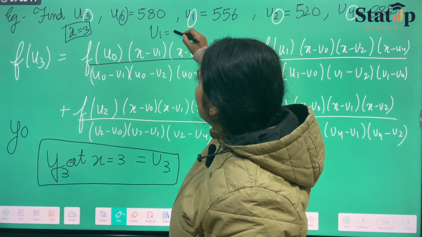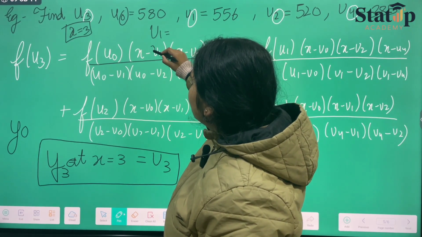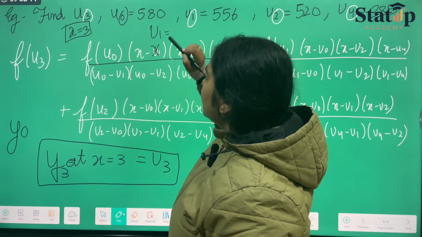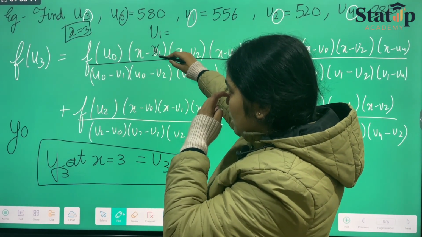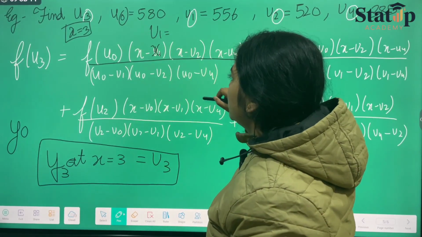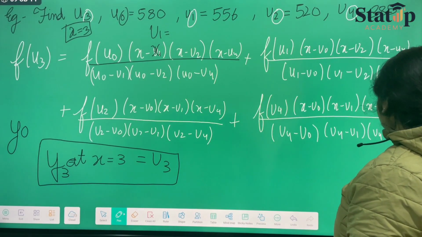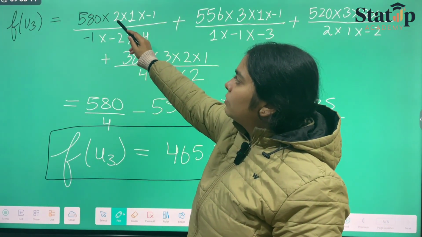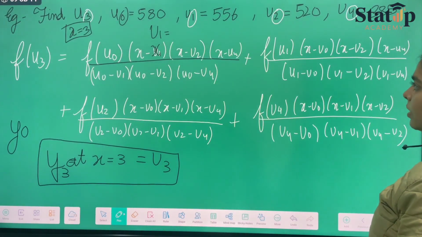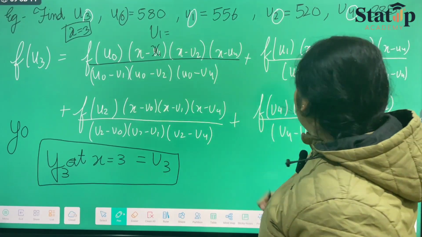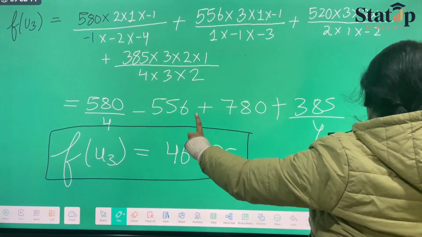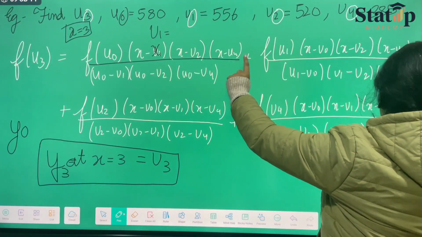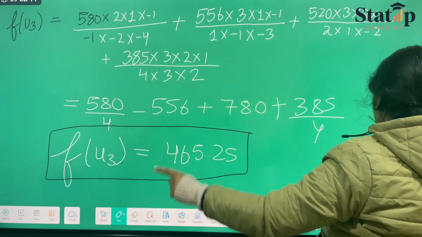Here we are taking x1, and the value of x1 is 1. So it will be 3 minus 1 will be 2, 3 minus 2 will be 1, and 3 minus 4 will be minus 1.